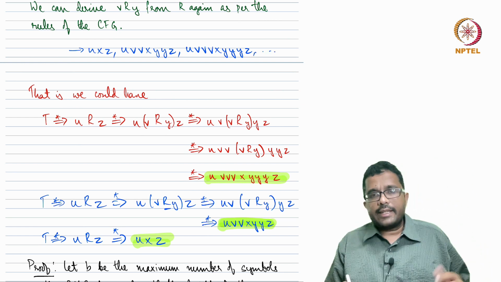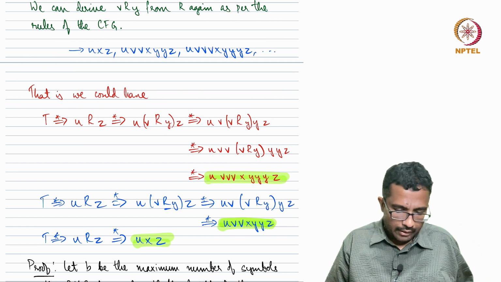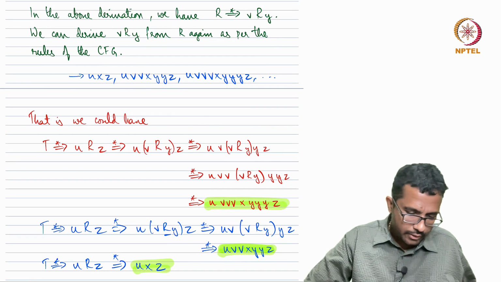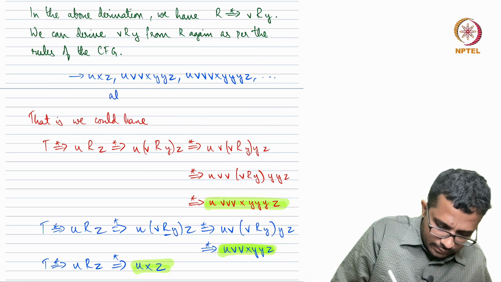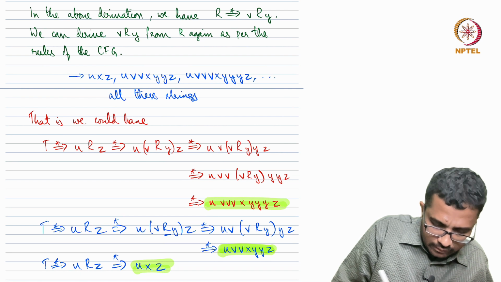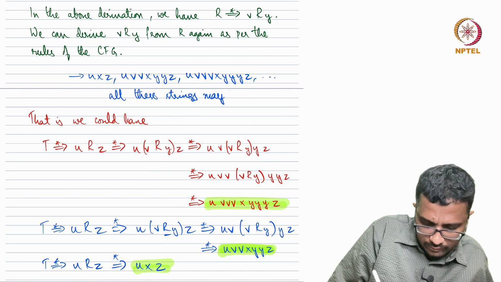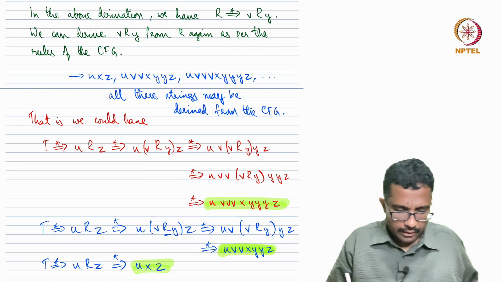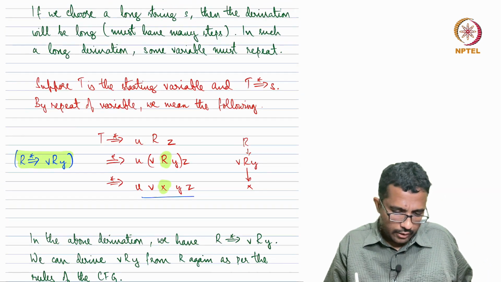All of these strings may be derived from the starting variable as per the rules of the CFG.